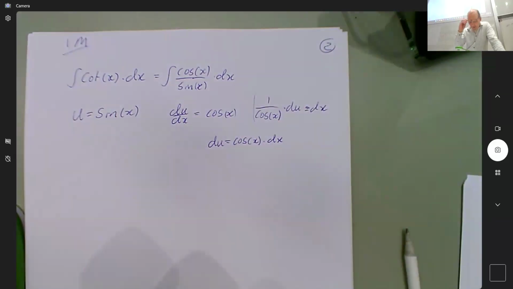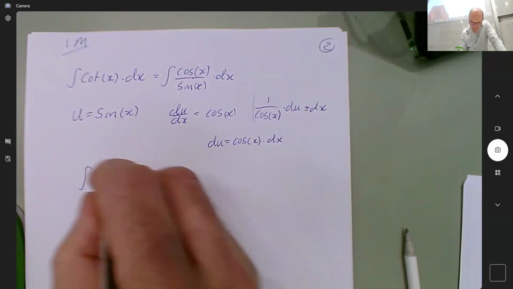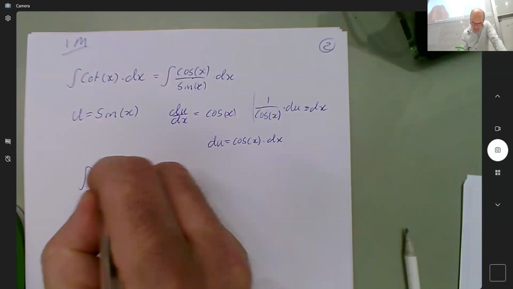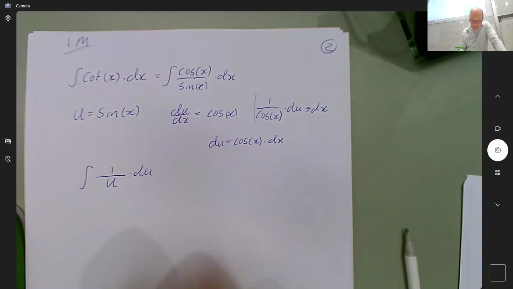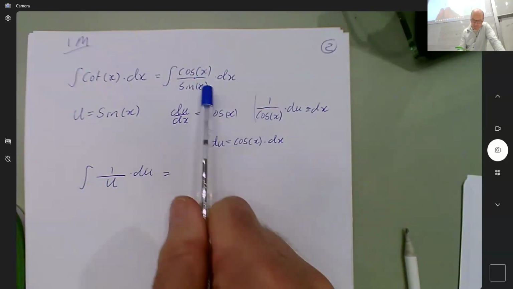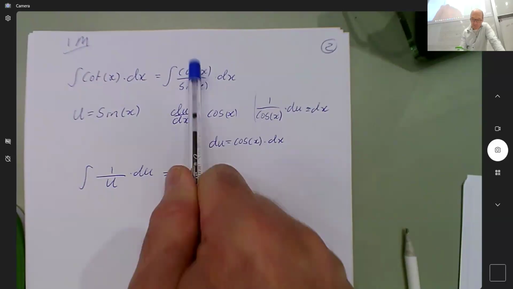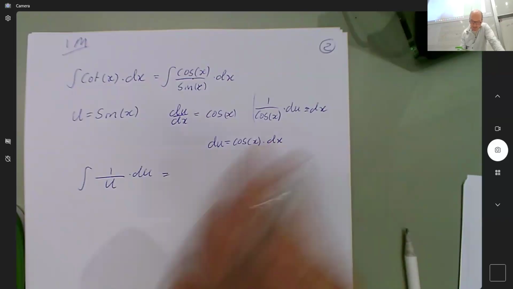So when I get through this, I'm going to rewrite my integral as 1 du on u. All right, so I've rewritten my thing: my denominator became my u, and my top line was used up in replacing the dx.